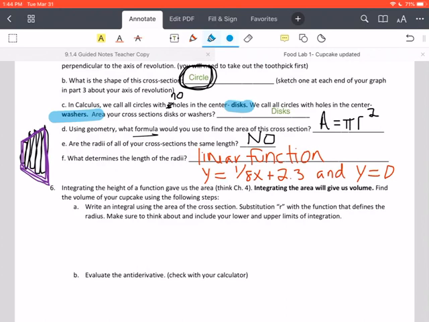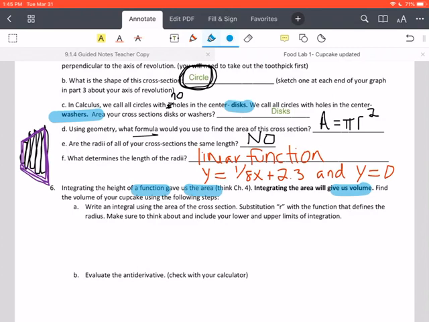We know that from chapter 4. But then if we take a step further, this is like when we talked about position, velocity, and acceleration with derivatives. Now we're thinking about function, area, and then volume. So the key idea of chapter 7 is that when we integrate area, that gets us to volume.